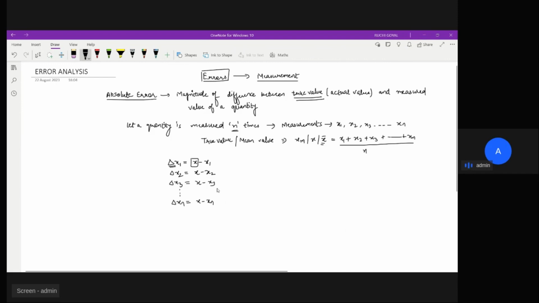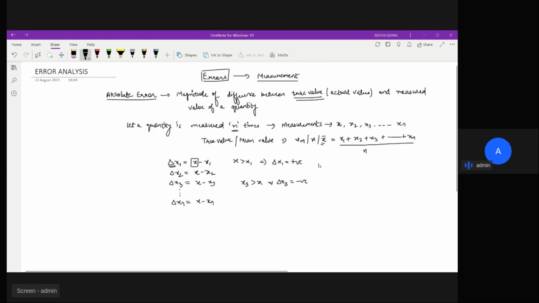If we have a measured value greater than x, suppose here x3 is greater than x, so delta x3 will be negative, and suppose here x is greater than x1, then delta x1 will be positive.